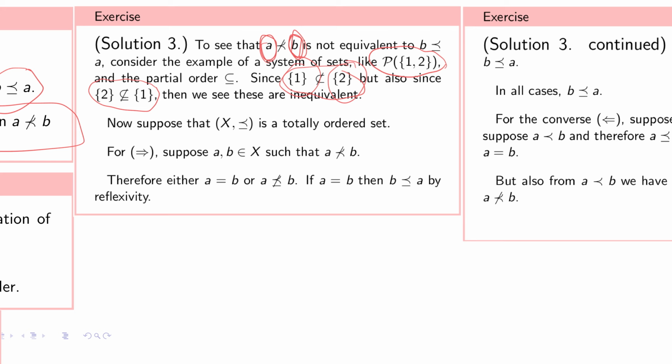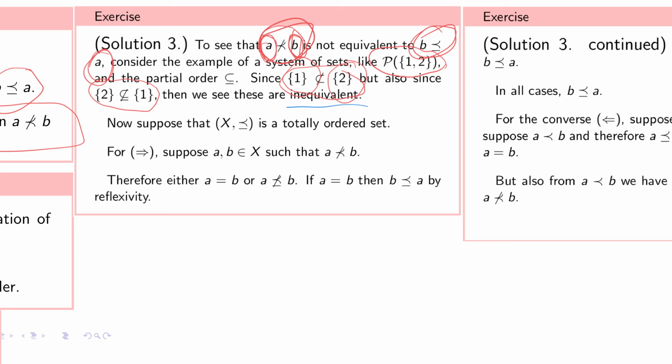So here we have an example where the failure of A precedes B does not necessarily entail that B precedes A. So there is our counterexample, and now we'll move on to the proof.